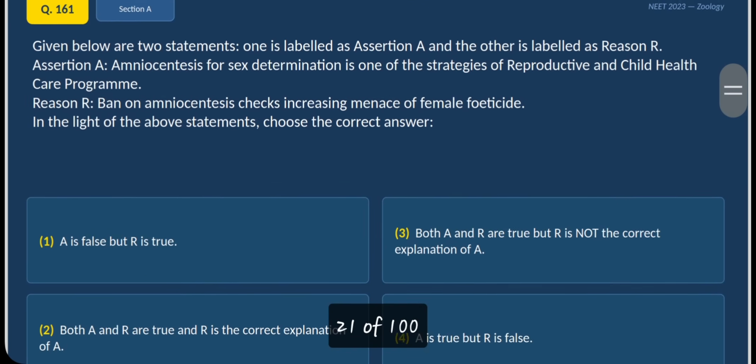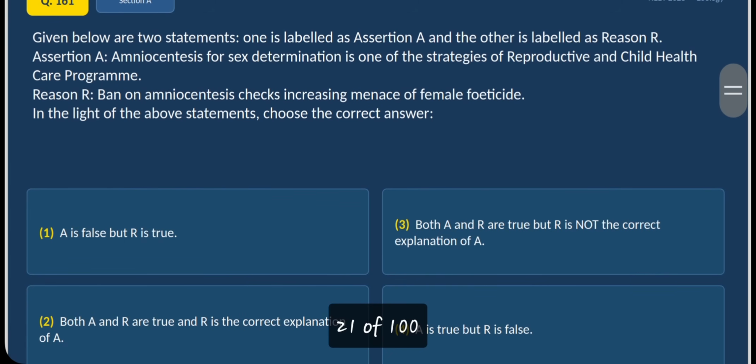Given below are two statements. It is an assertion and reason type of question. Assertion: amniocentesis for sex determination is one of the strategies of the reproductive and child healthcare program. Reason: ban on amniocentesis checks increasing menace of female feticide.